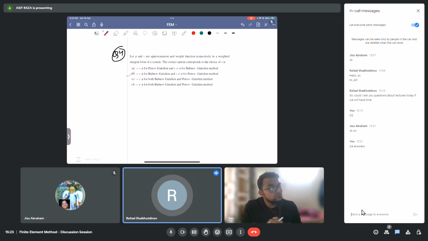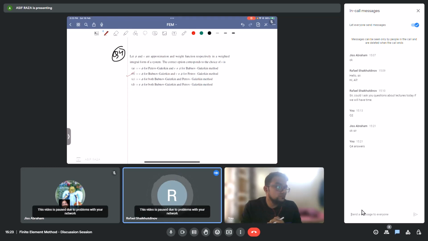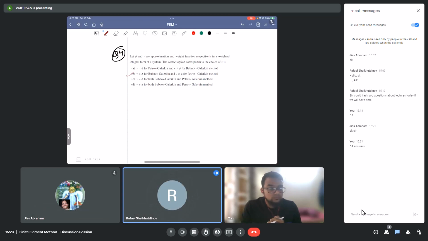In Bubnov-Galerkin we choose these weight functions as phi i, and for the Petrov-Galerkin method we can choose arbitrary functions. So we can choose any function that leads to a system of linear equations. This is my understanding of that question.